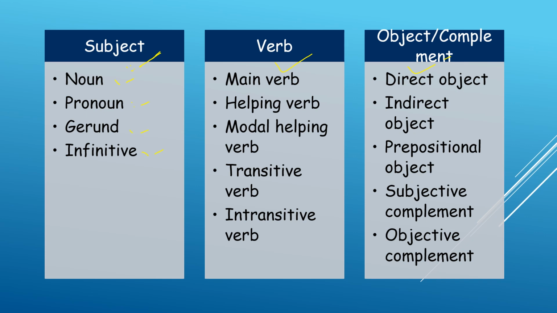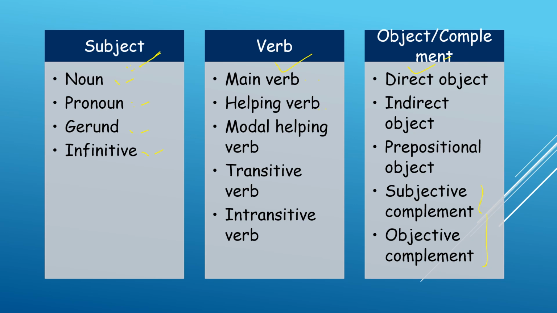And in the place of verb, we may have either main verb, helping verb, modal helping verb, transitive verb or intransitive verb. And in the place of object, we may have direct object, indirect object or prepositional object. And complement can be bifurcated into two parts, subjective complement and objective complement.